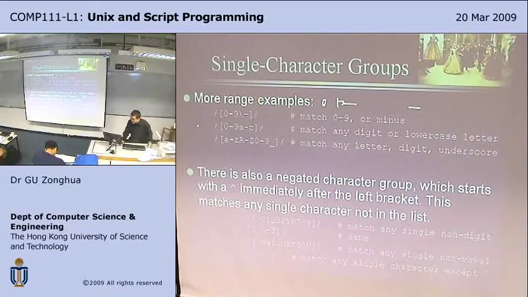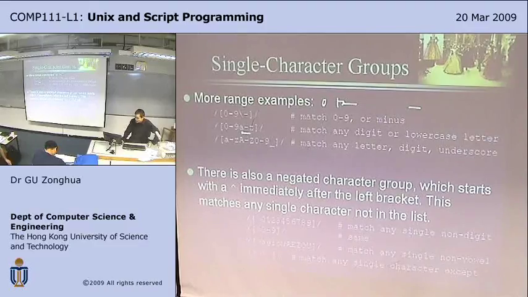So the next one says any digit or lowercase letter. That is any one of 0, 1, 2, 3, 4 until 9, or a, b, c, d until z.